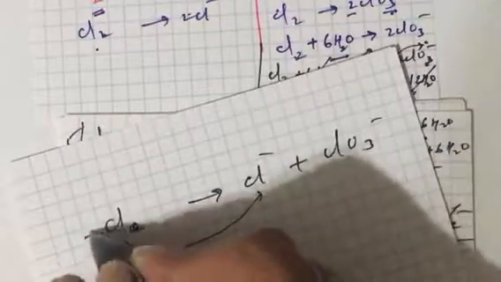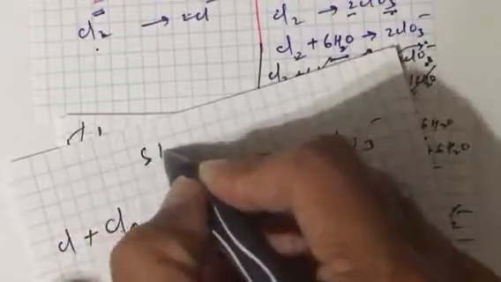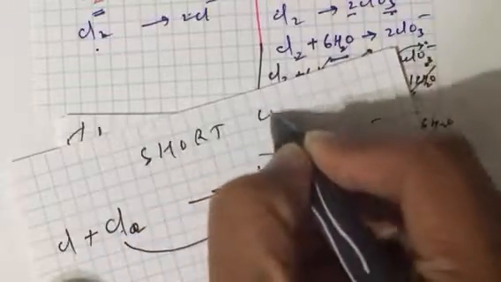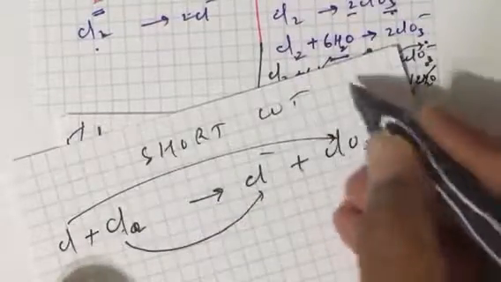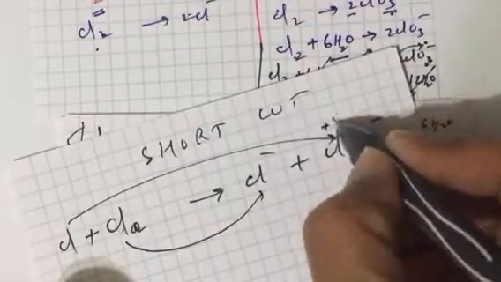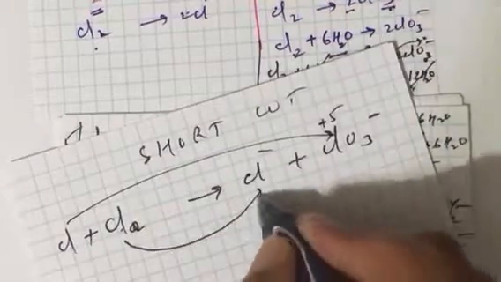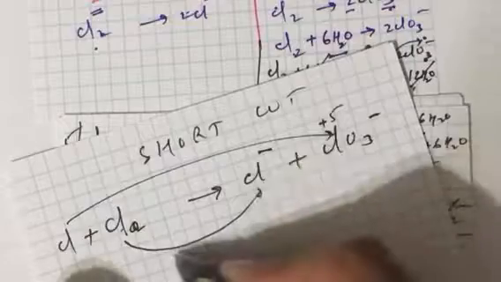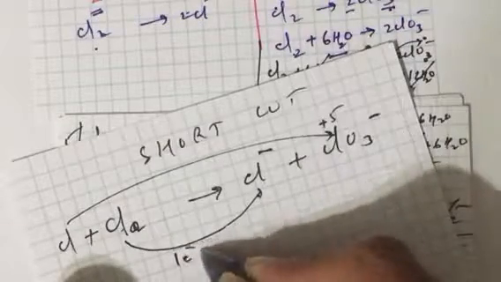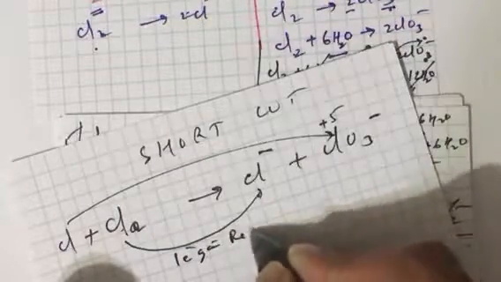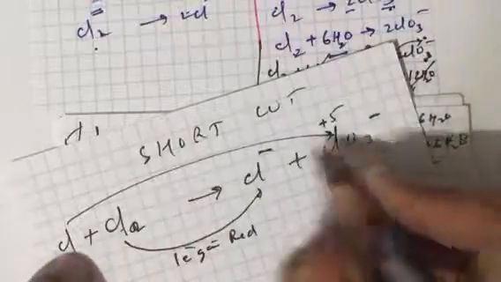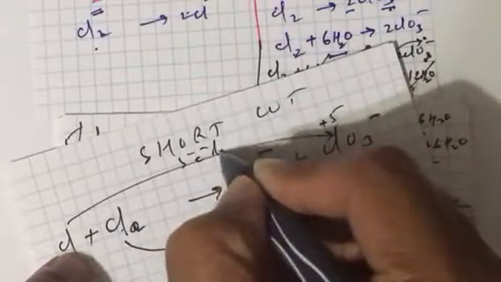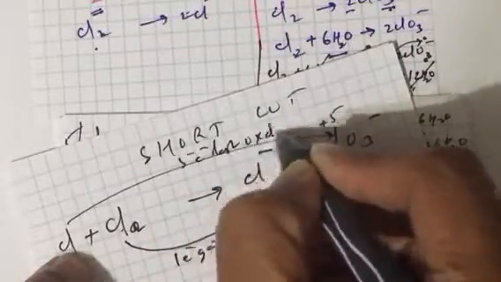You can write it 2 times in the shortcut method. And this Cl is becoming ClO3 minus, where Cl is plus 5. Now here it is minus 1, Cl minus means 1 electron is gained. So 1 electron gain is reduction. Here 5 electrons are lost, oxidation.